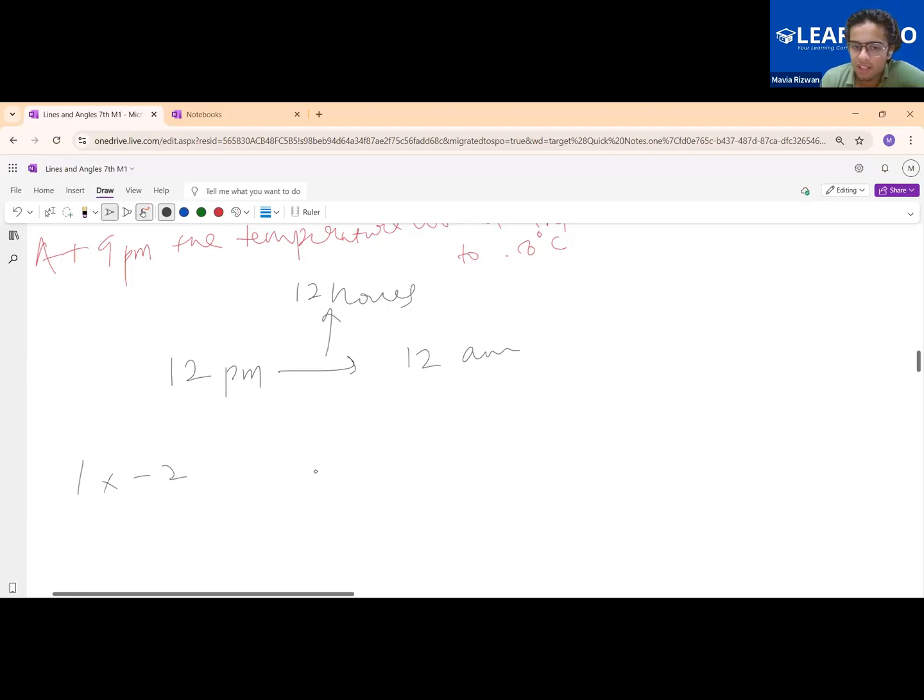So in 12 hours, the temperature drop is 12 into minus 2. Every hour it is 2, so for 12 hours it will be minus 24-degree drop.